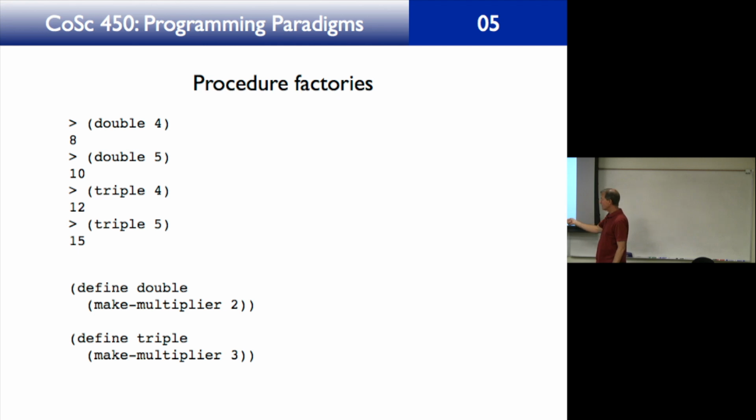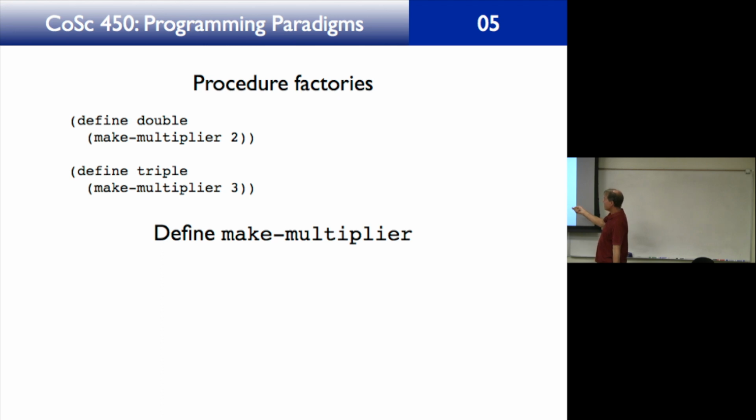Make multiplier is taking in another number. But now what is it doing? It's taking in a number, but what is it returning? No, it's not returning a number. Make multiplier 2 is returning a function. Because when we say define double, this is returning a function. Are you with me on that? Okay?